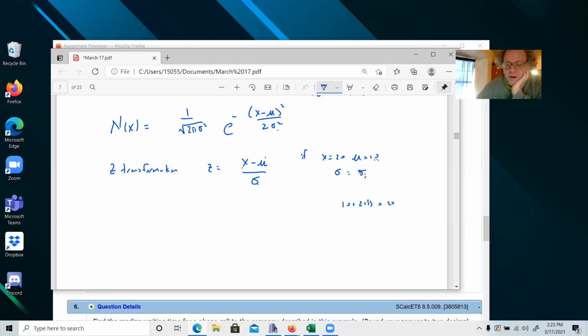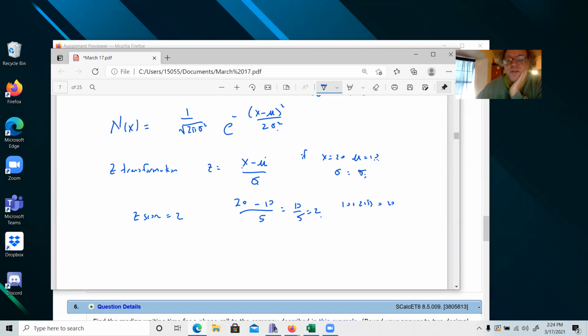So let's put in the 20, right? We get 20 minus mu, 10, divided by 5. So we have 10 over 5 is equal to 2. So the z-score here is 2. And all it's telling me is that this random variable is 2 standard deviations away from the mean.